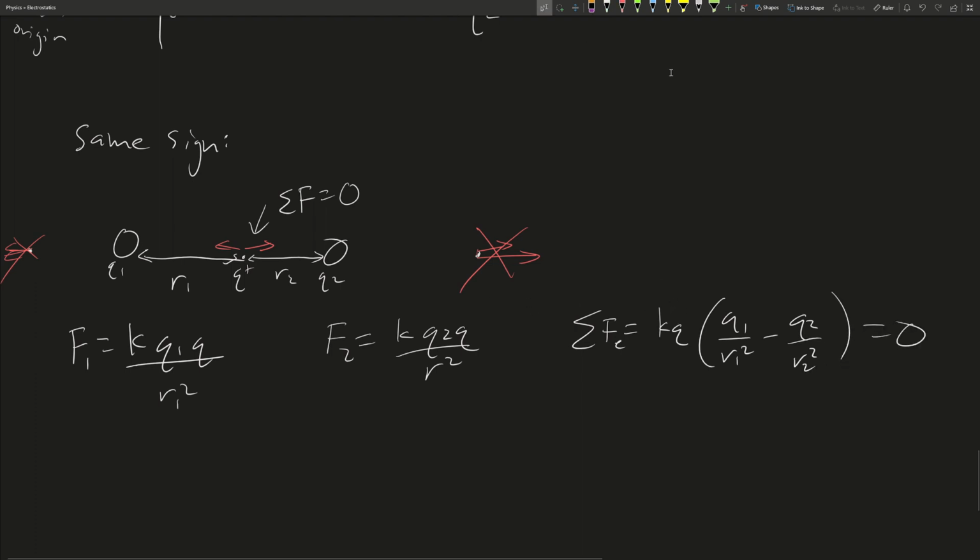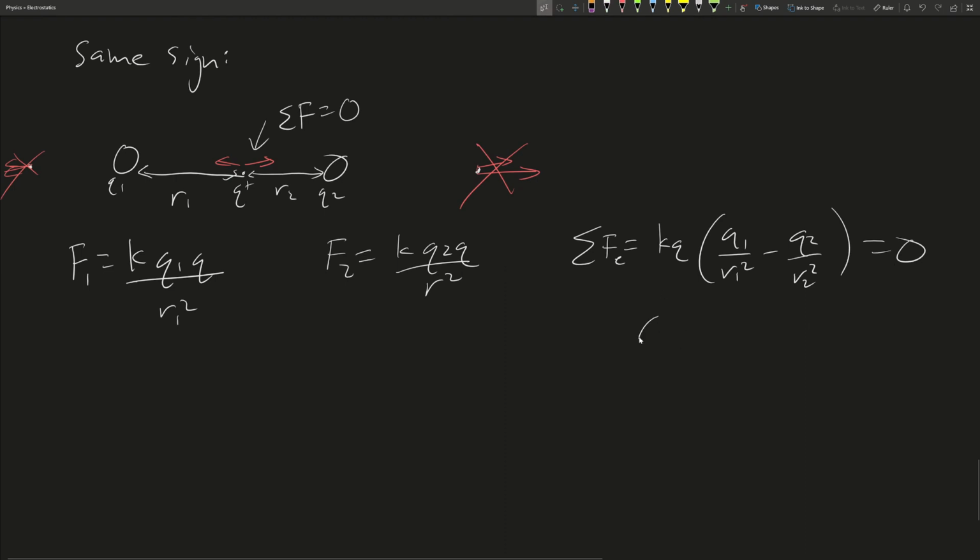So what this means is that Q1 over R1 squared has to be equal to Q2 over R2 squared. Or you can write Q1 over Q2 is equal to R1 squared over R2 squared.